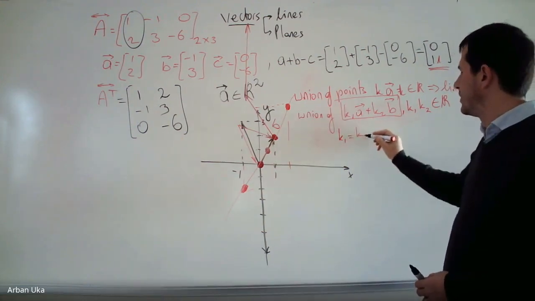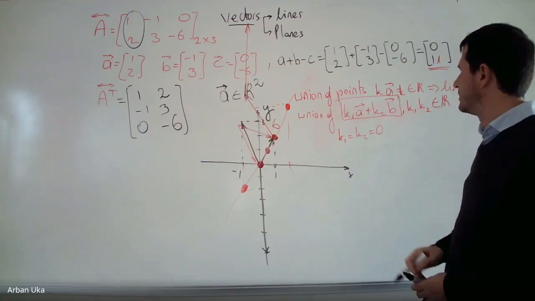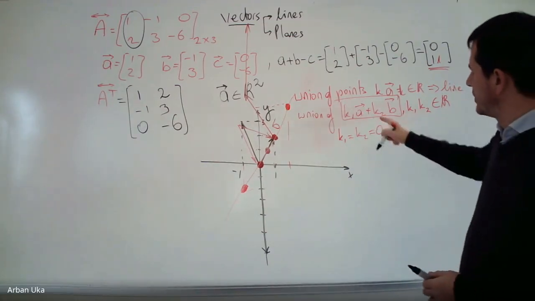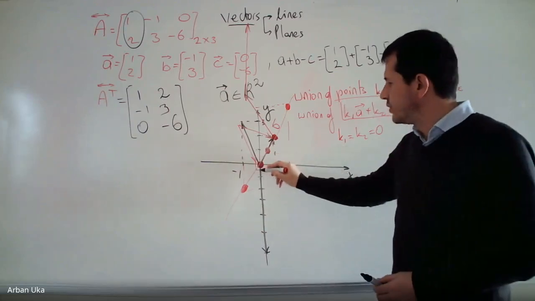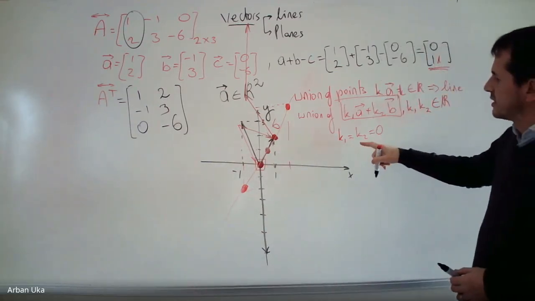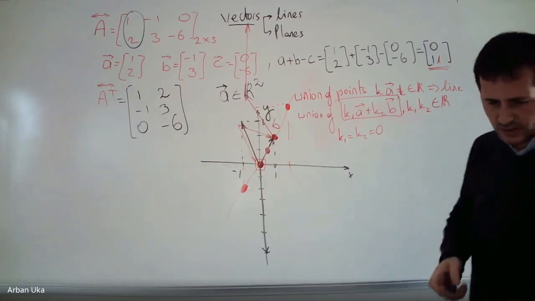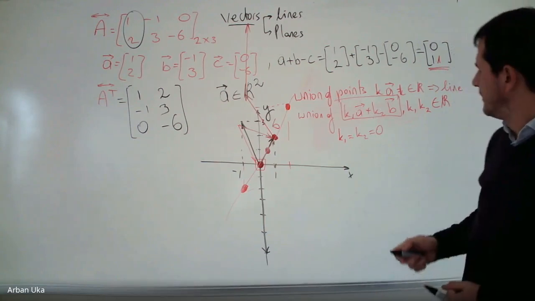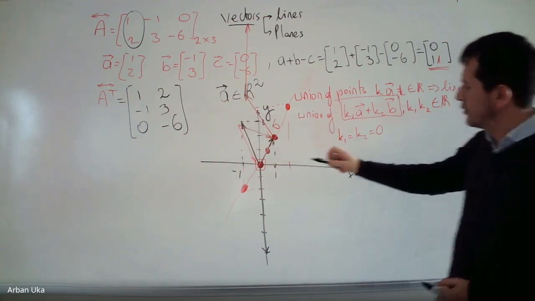Let's assume k1 is equal to k2 is equal to 0. What would be this point? This point would be the origin, okay? Let me use a black color. So when k1 is equal to k2 is equal to 0, we get the origin.